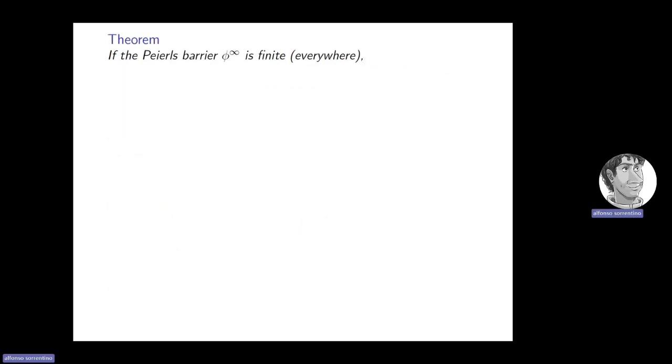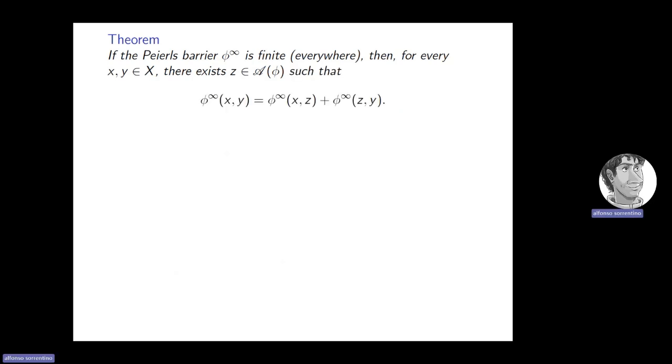If the Peyerimhoff barrier is finite everywhere, then for every pair of points, there exists a z in the Aubry set such that phi infinity of xy is phi infinity of xz plus phi infinity of zy. And in fact, because z is in the Aubry set, this is also phi.